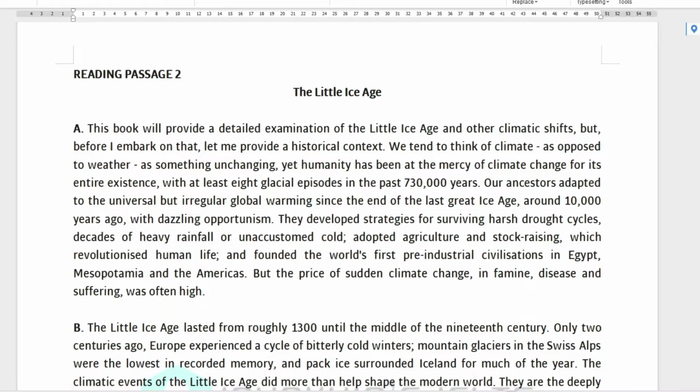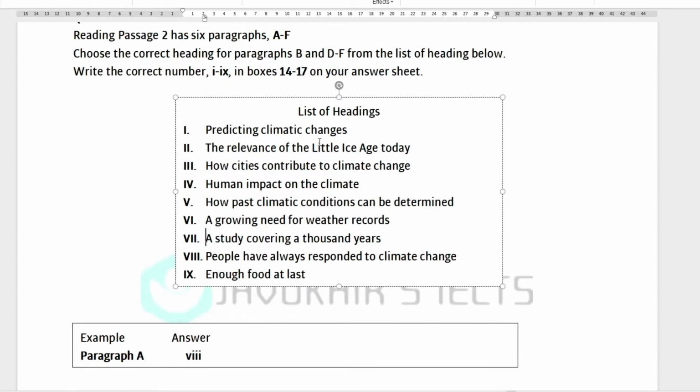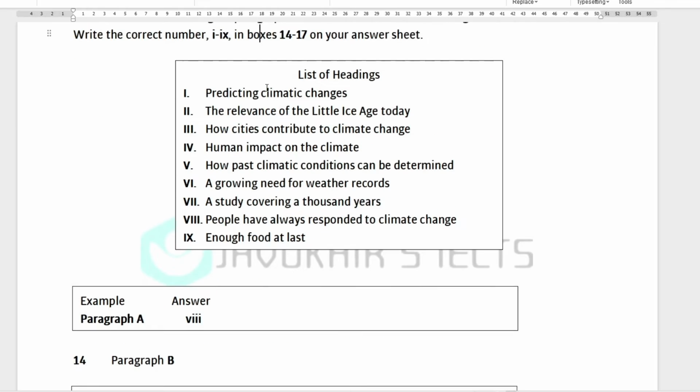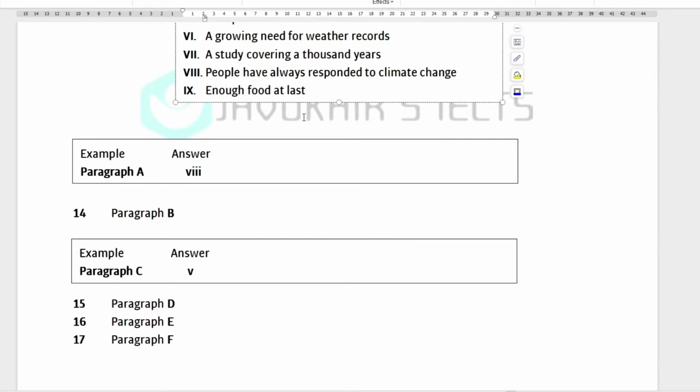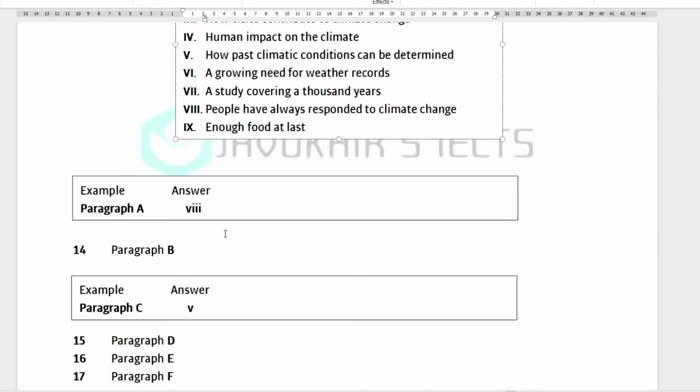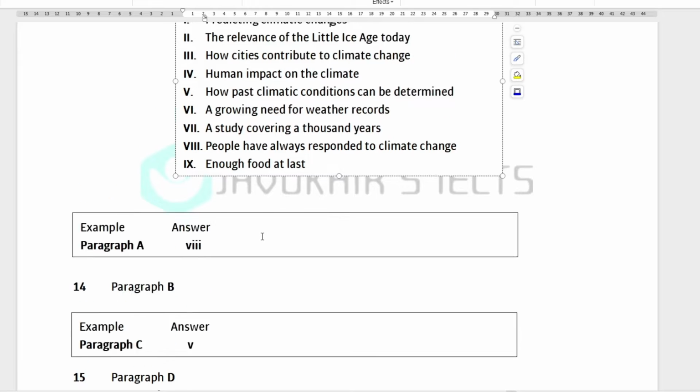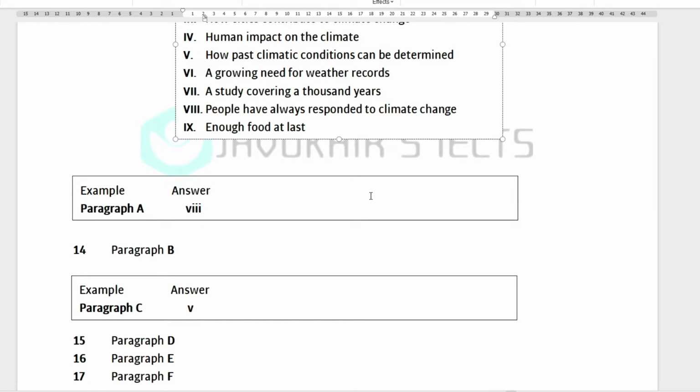So for the Little Ice Age, we have matching headings. Oh, I forgot to highlight these. We have a list of headings, and you can see that paragraphs A and C have already been answered for us, so we just want to remove those so we don't get confused.